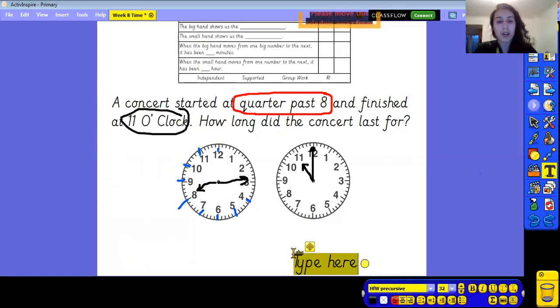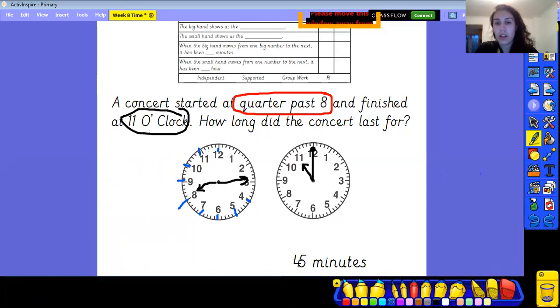So I'm just going to make a note that after 45 minutes, our clock would then be showing 9 o'clock. So I'm also just going to correct this one to show our new time after 45 minutes. There you go, 45 minutes.